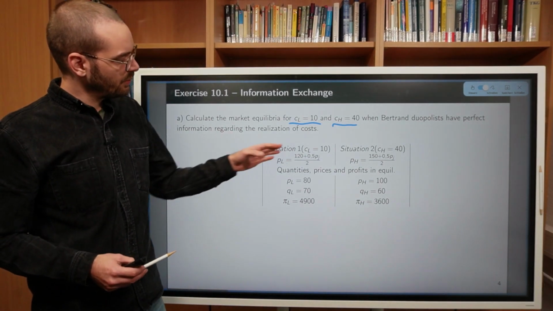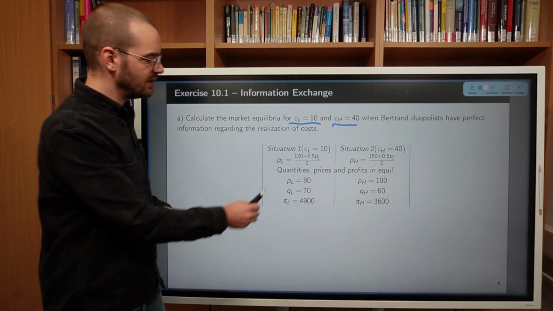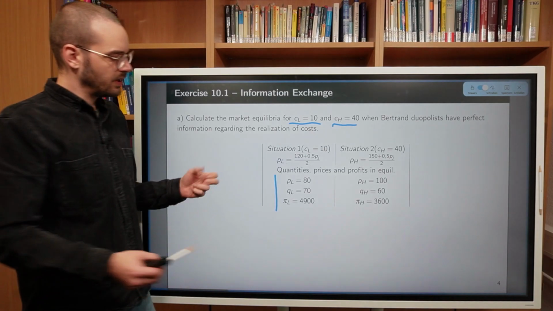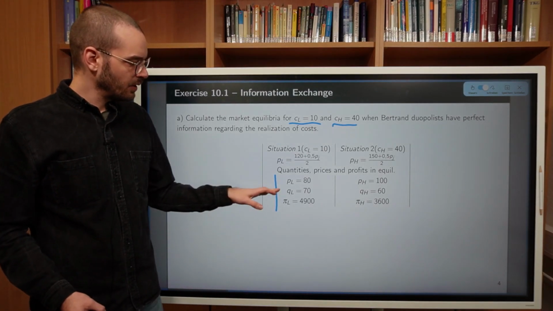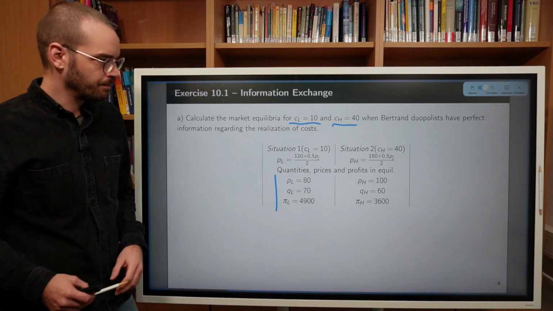Now, if we do so in the situation where we have low marginal costs for both firms, we see this market equilibrium where the price is 80, quantity is 70, and profits are 4,900.